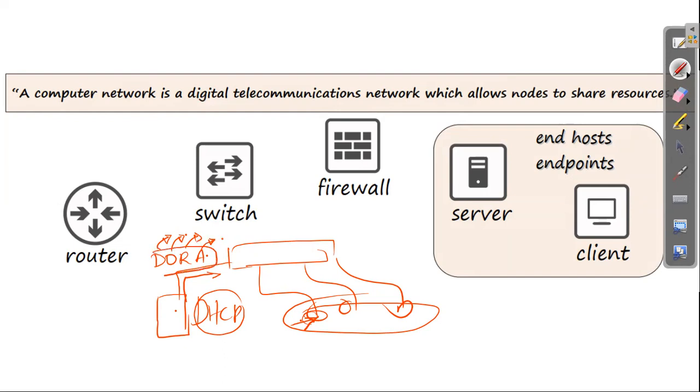There are four processes happening between the client and the server: discover, offer, request, and acknowledge. These are the four operations happening when the clients are getting an IP address from the DHCP server. So this is the difference between server and clients.